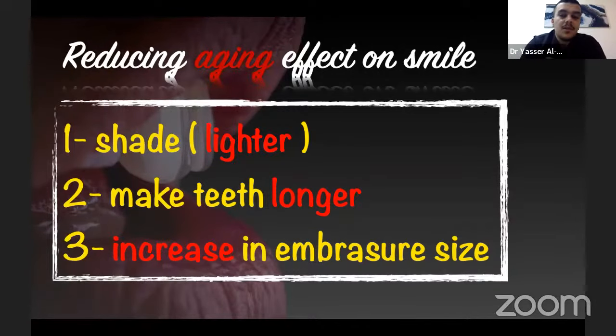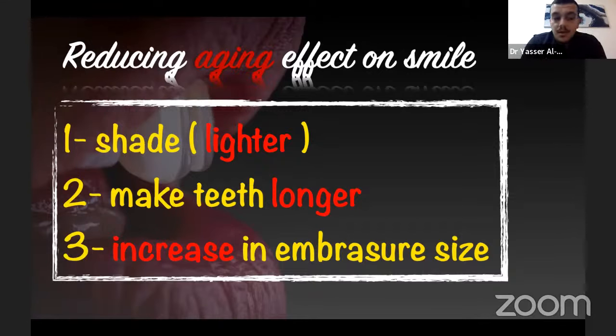Then make the teeth longer, not longer than the natural proportion, but we focus on the golden proportion and the dental proportion, and an increase in embrasure size, as we mentioned before. If we make the embrasure area wide, it will give a young look to the patient when he smiles.